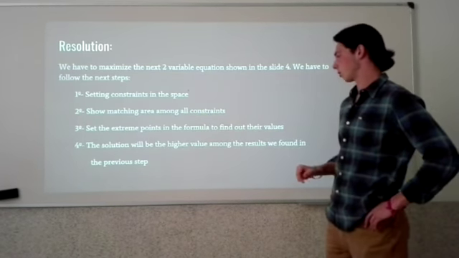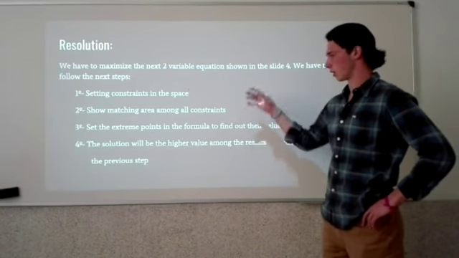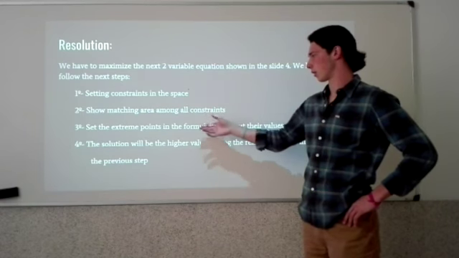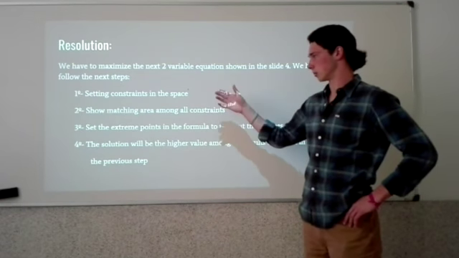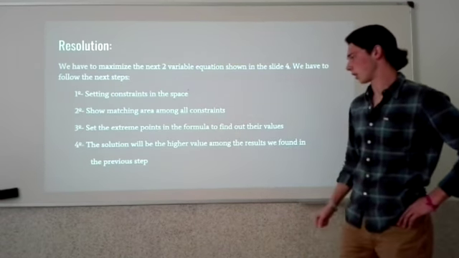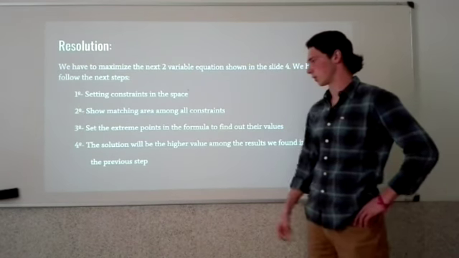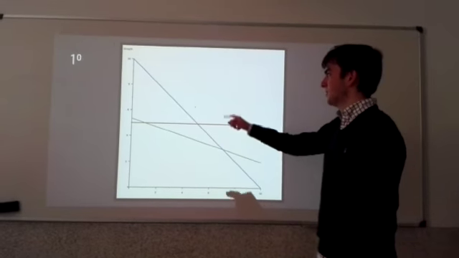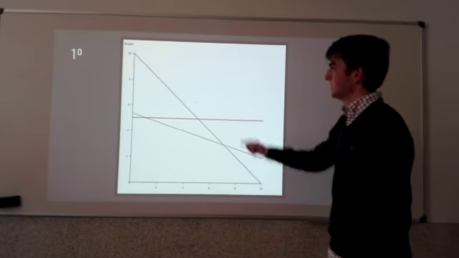And then once we have the values, we will have all 5 extreme points, we will evaluate them and choose the one with the highest value to be the maximizing point. Now we are going to go through all the constraints.